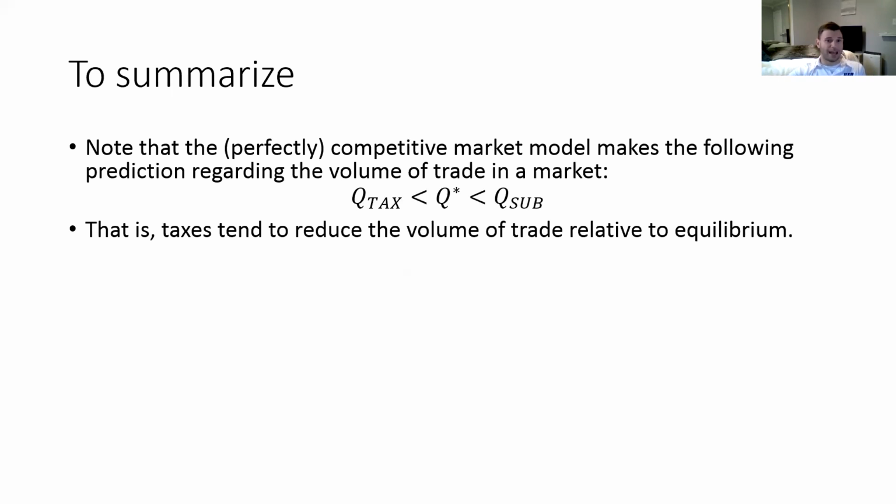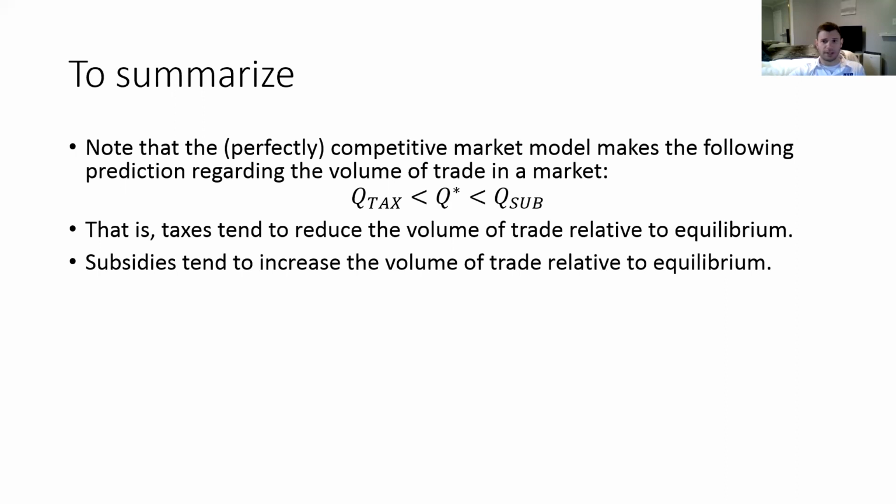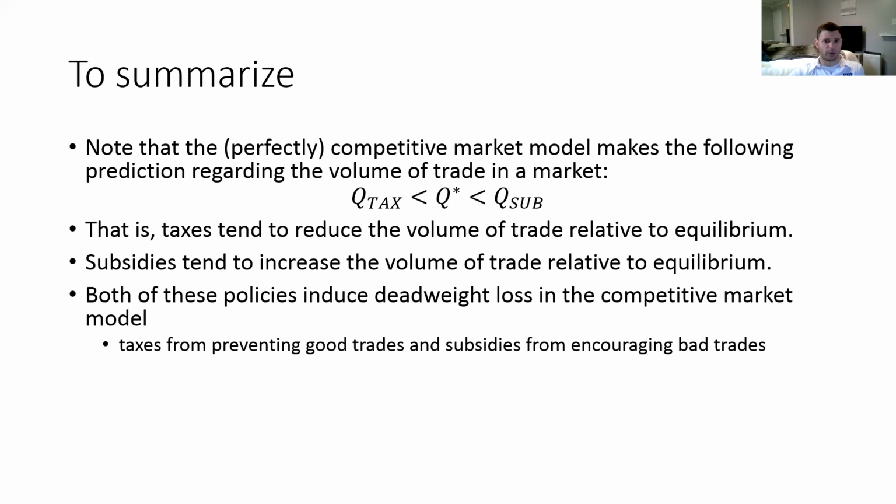The taxes reduce the volume of trade relative to equilibrium because they were blocking good trades. Subsidy was doing the opposite. Again, both policies induce deadweight loss in the competitive market model: the taxes from preventing good trades and the subsidies from fostering bad ones, ones that reduced surplus.